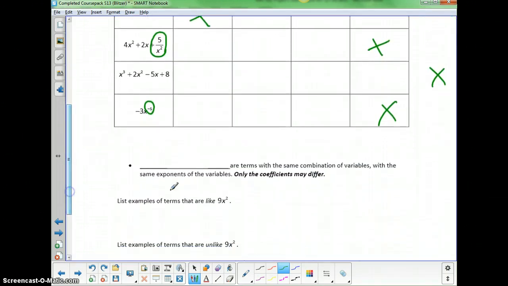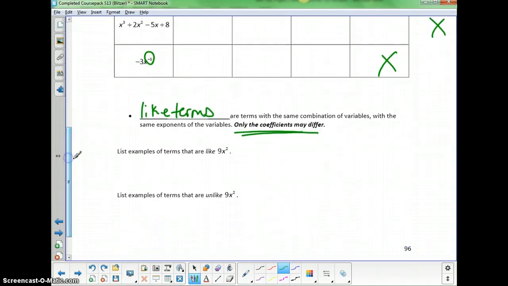Okay, some more definitions. Blank are terms with the same combination of variables with the same exponents. We're talking about like terms here. In like terms, only the coefficients may differ. So list examples of terms that are like 9x squared.